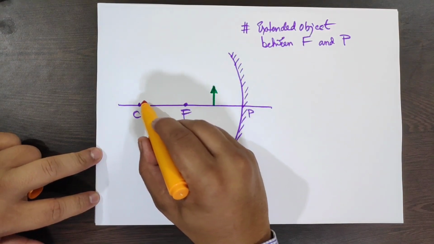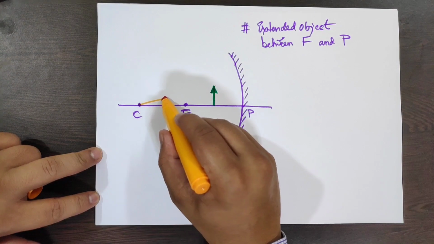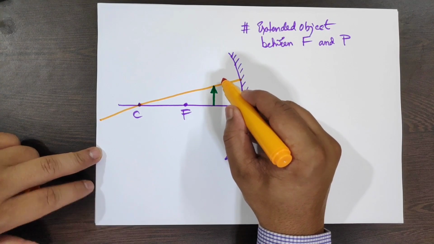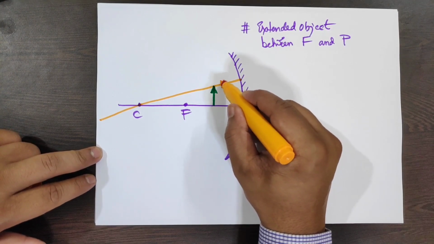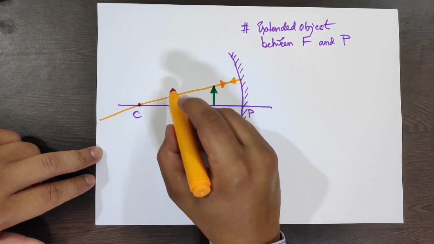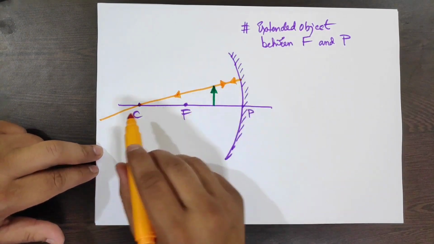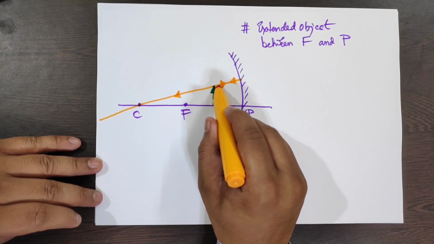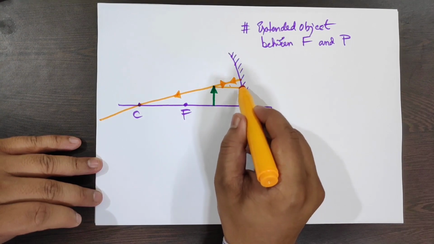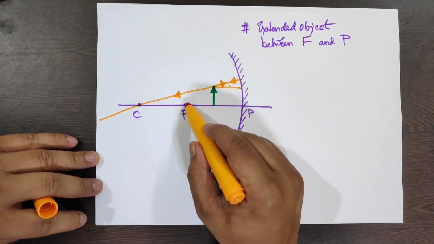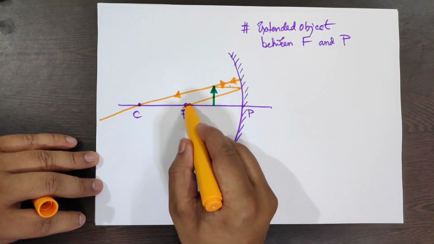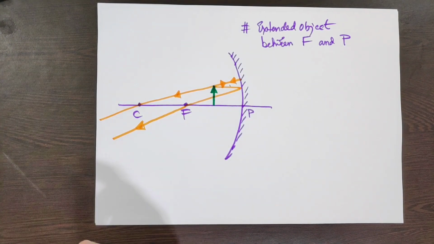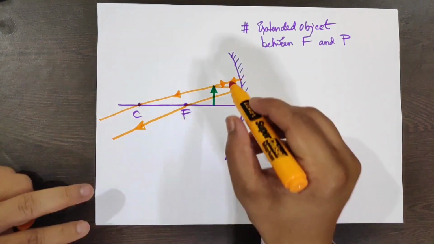So one light ray will be from this point, extend it, and it will come back via the same path, because any line through the center is normal to the surface of the sphere. Now consider this light ray, this will pass through the focus.